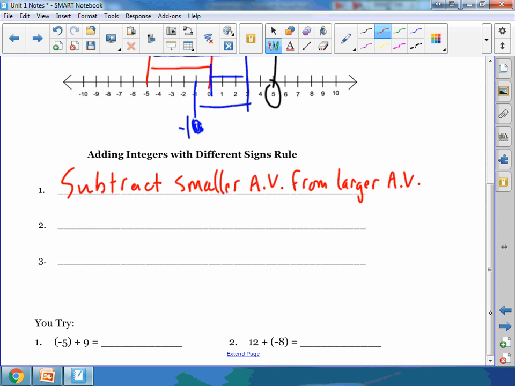This is the way I was talking with Marion about. She said take away the smaller number's absolute value from the larger number's absolute value. I'm going to condense this into 2 steps. Keep the sign of which one again? Larger absolute value. Yeah, whichever one you have more of, that's how you're going to keep the sign.